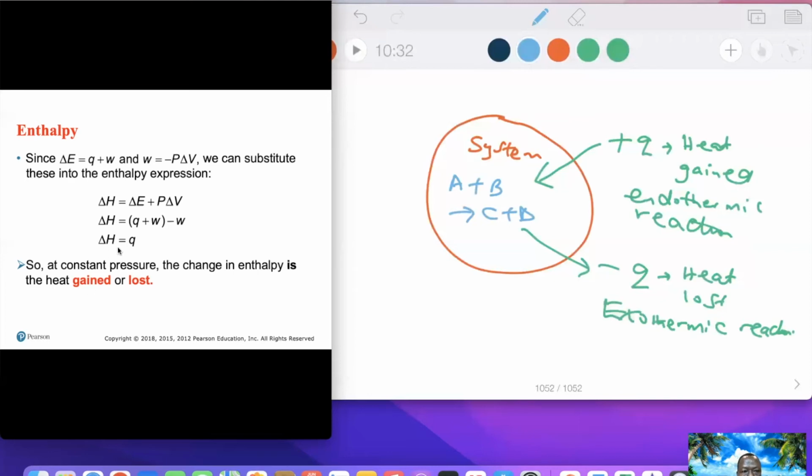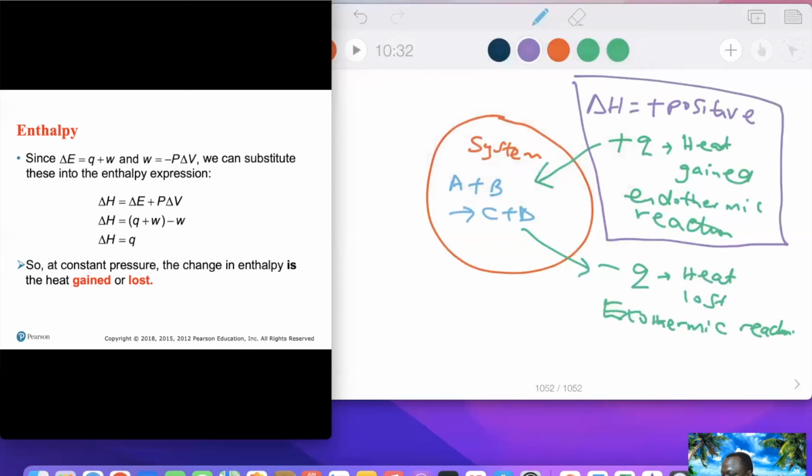If we reconcile Q with delta H here, delta H is positive for the endothermic case and delta H is negative for the exothermic case.